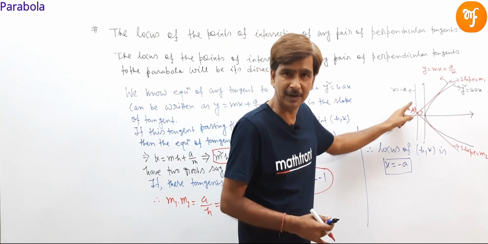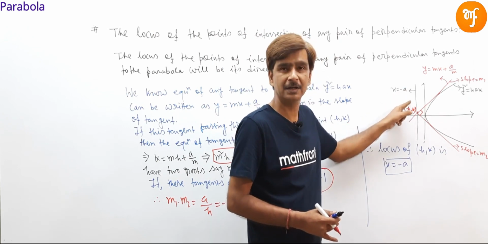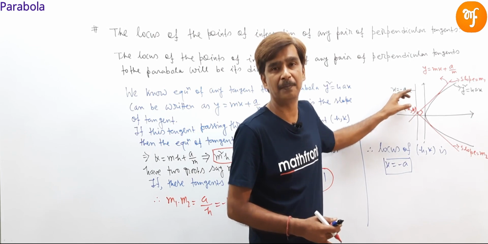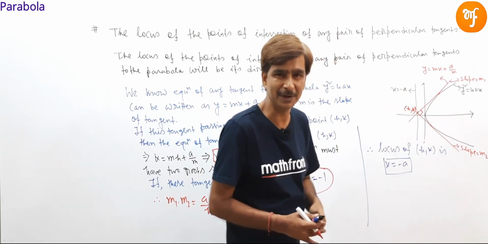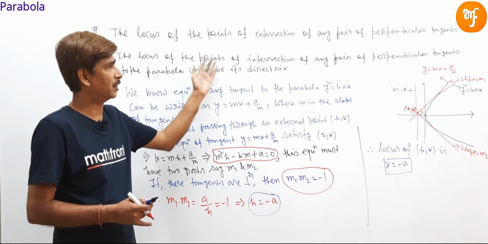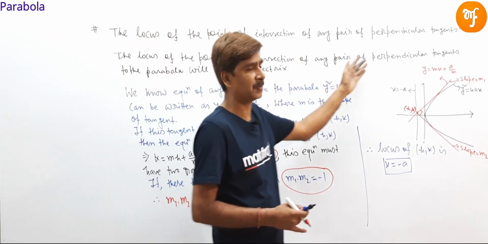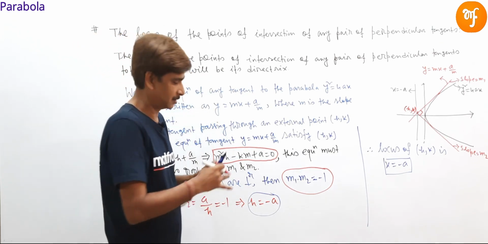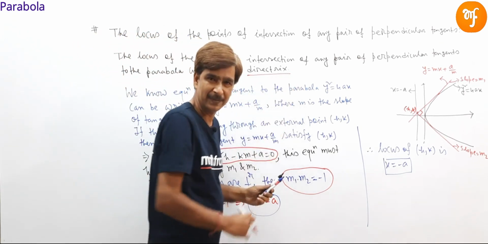Or alternatively, from any point on the directrix of the parabola, we are able to draw a pair of perpendicular tangents to the parabola. Got it? So the locus of the point of intersection of any pair of perpendicular tangents to the parabola will be its directrix. Okay? So remember it.